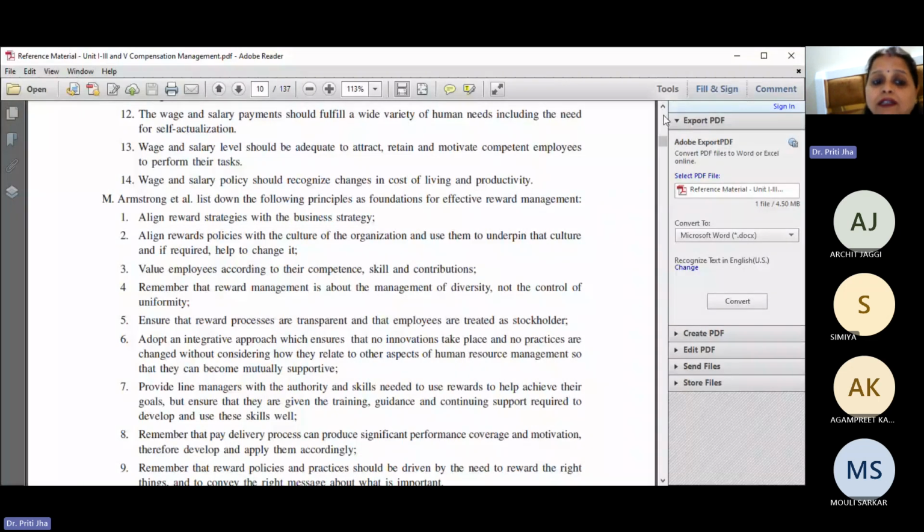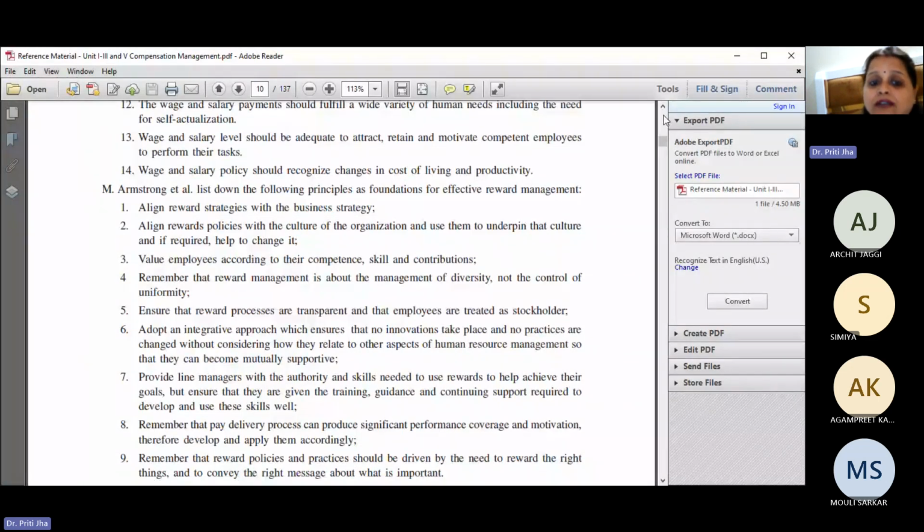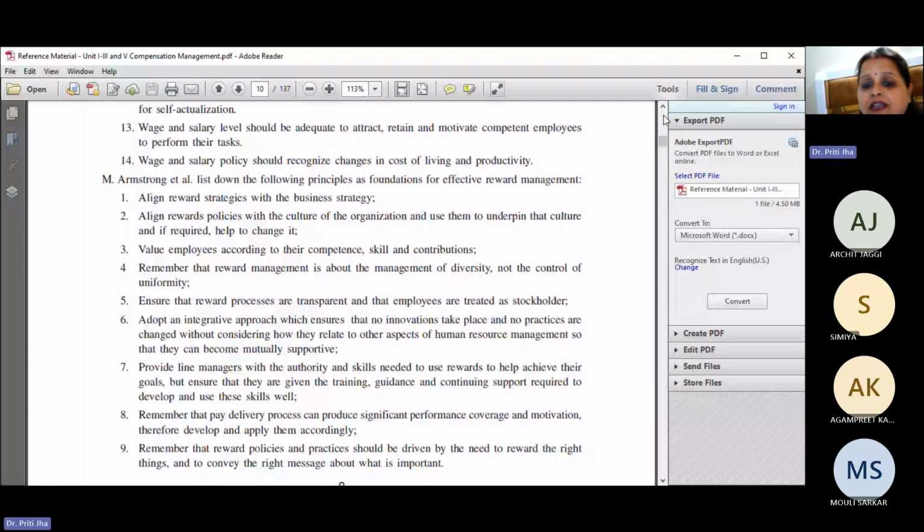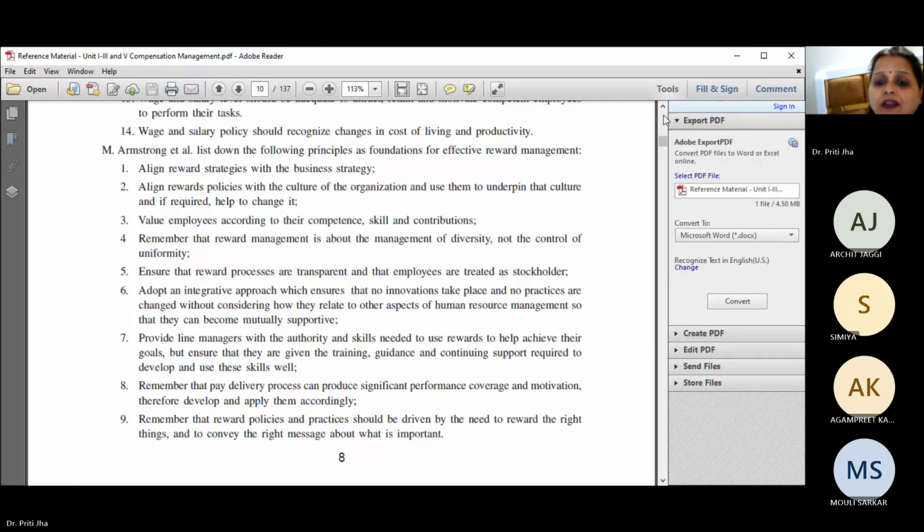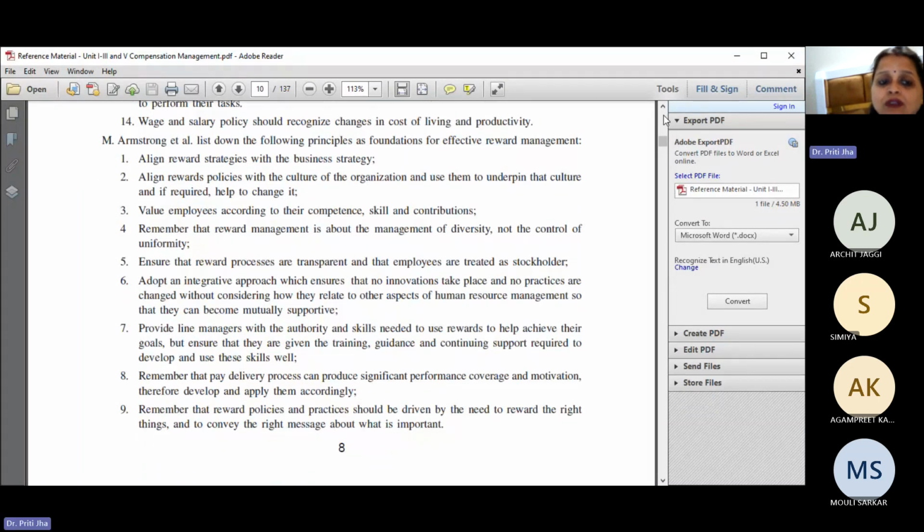Adopt an integrative approach which ensures that no innovations take place and no practices are changed without considering how they relate to other aspects of human resource management so that they can become mutually supportive. Provide line managers with the authority and skills needed to use rewards to help achieve their goals.